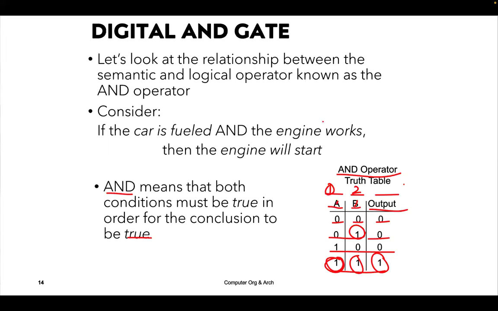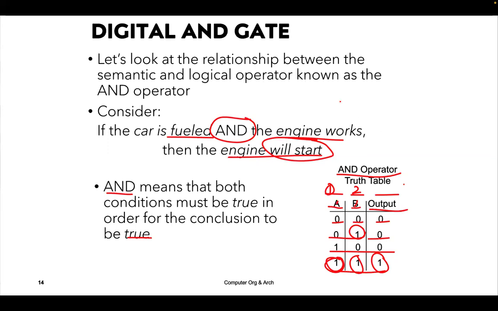But if the engine has no fuel, even if the engine is working well, there is no way the car is going to start. For the engine to start, it has to be working well, but also with fuel. So both conditions must be true for the output to also be true.